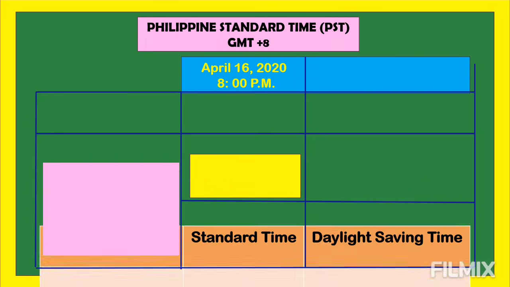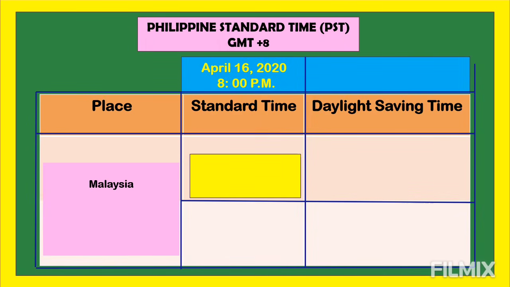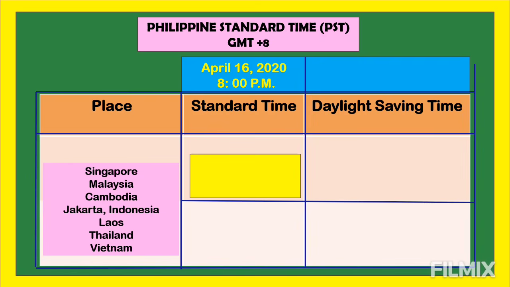Okay guys, the next one is from Malaysia, Singapore, Cambodia, Jakarta, Indonesia, Laos, Thailand, and Vietnam. If you have some friends, relatives, or loved ones living or working in those countries, their time zone is equal to GMT plus 7. Philippines is GMT plus 8, so it means that the Philippines is just 1 hour ahead of them.